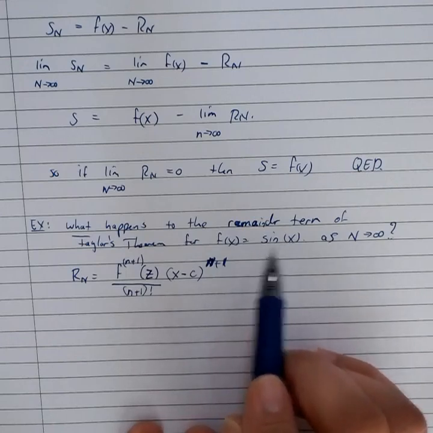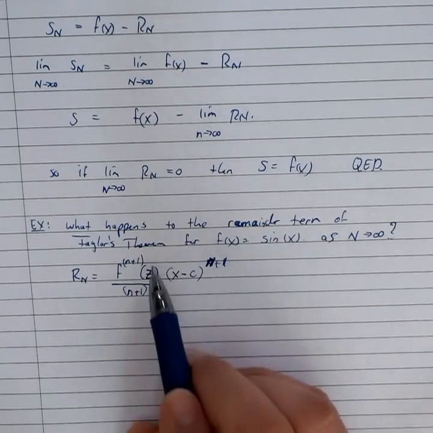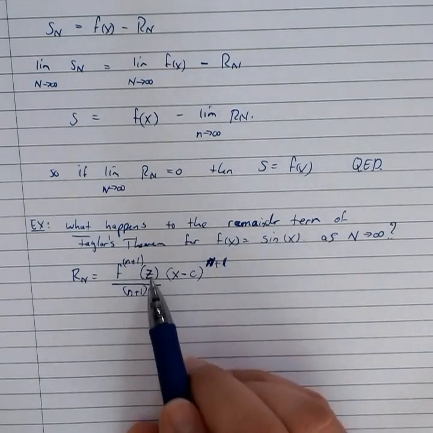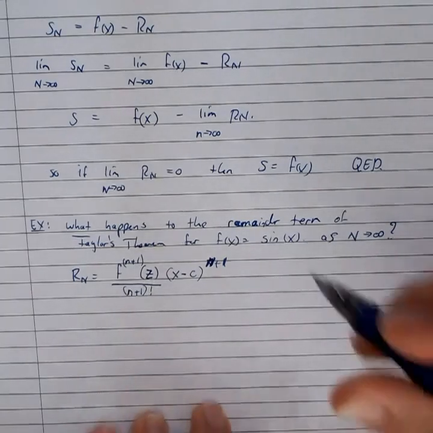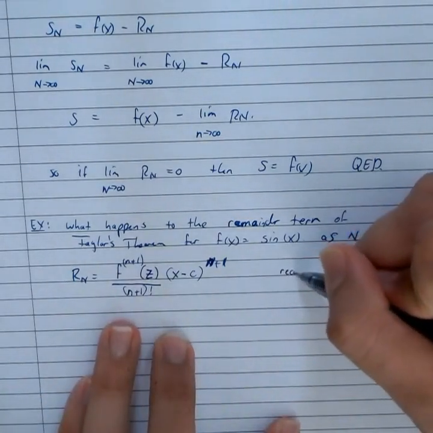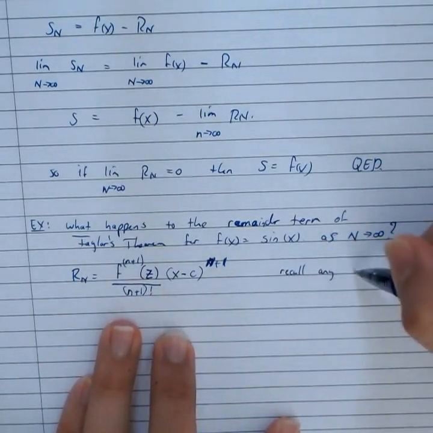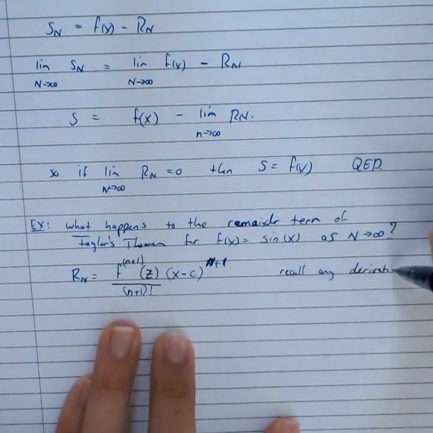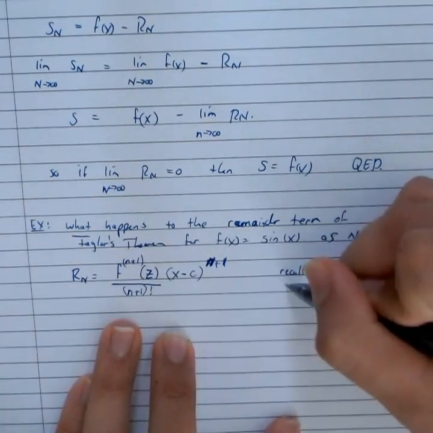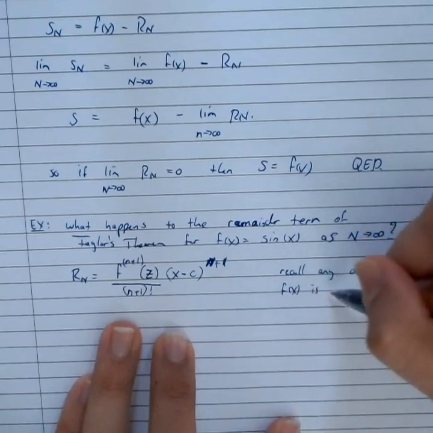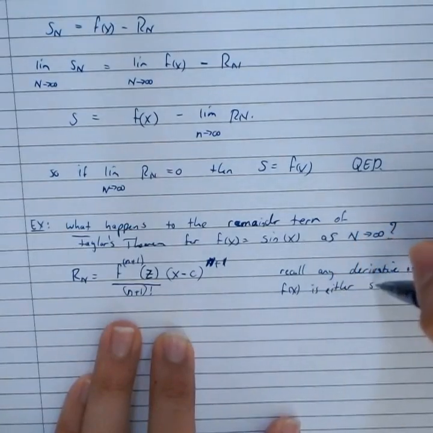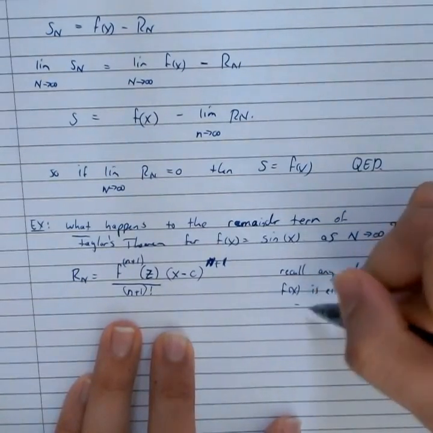And sine or cosine, whatever number we plug in, will always be between minus 1 and 1. So here, recall, any derivative of f of x is either sine or cosine, or negative sine or negative cosine.